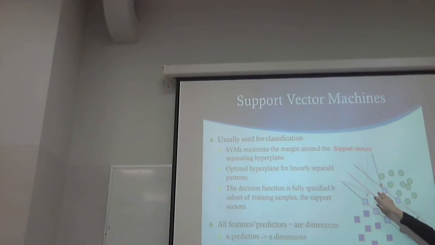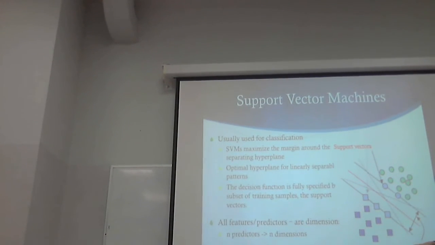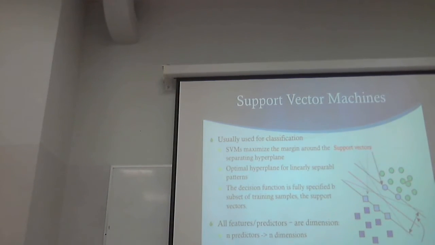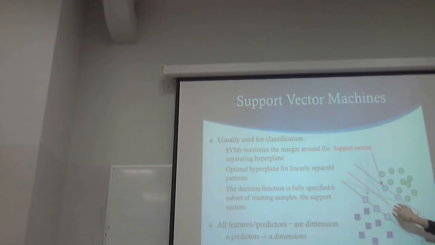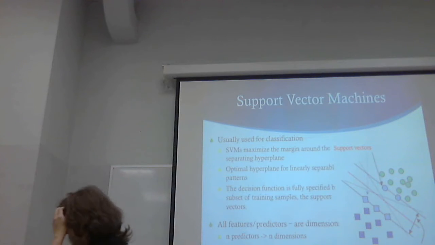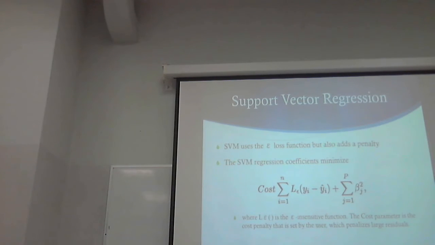We don't want any data lying inside this margin, this tube or tunnel, to be taken into the model. So finally, we use only support vectors, and mathematically, it is realized.